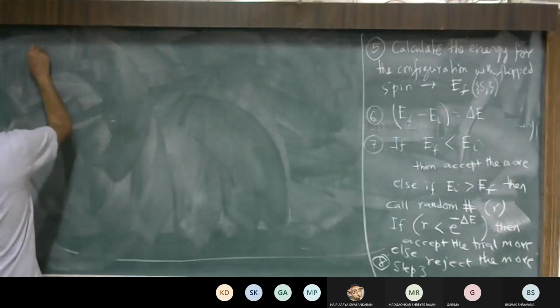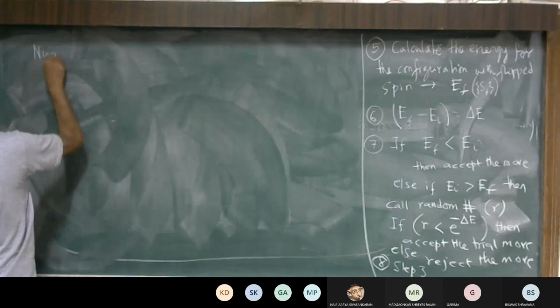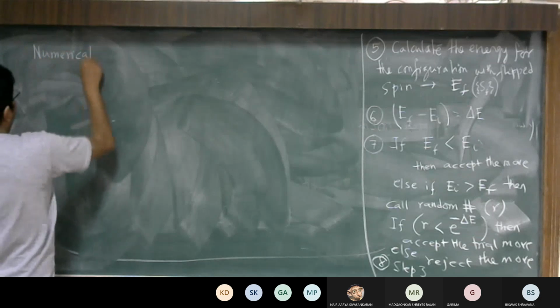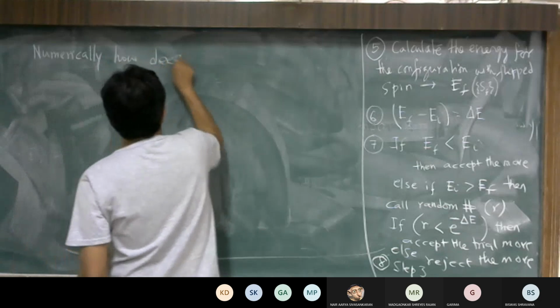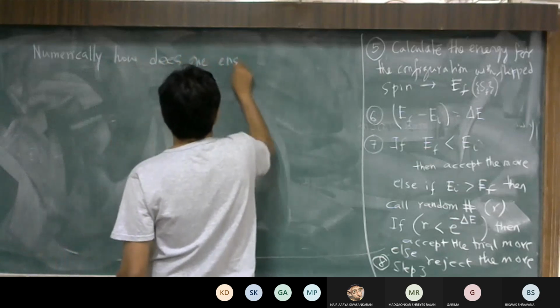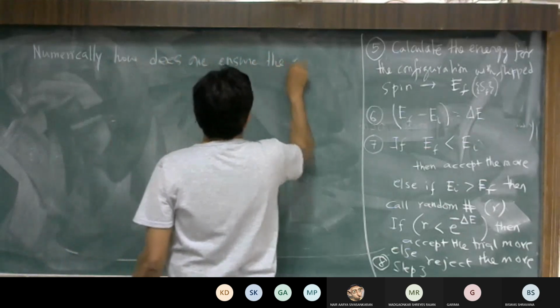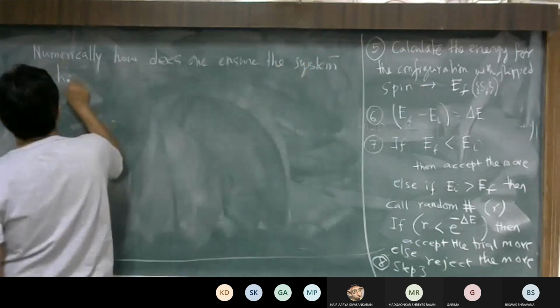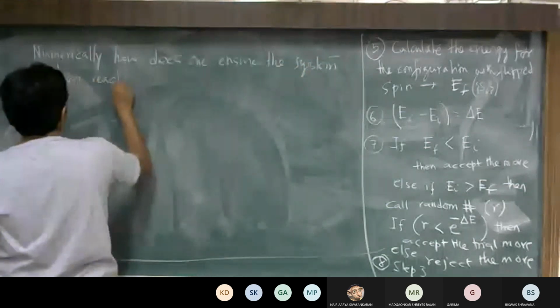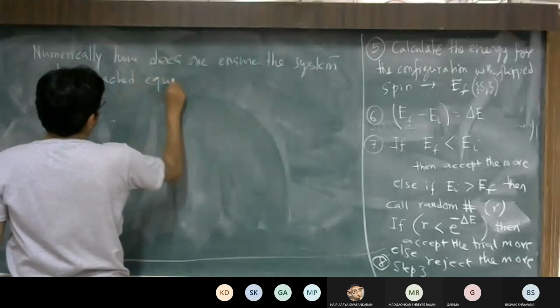So the question, if you are asking numerically, is how does one ensure the system has reached equilibrium?